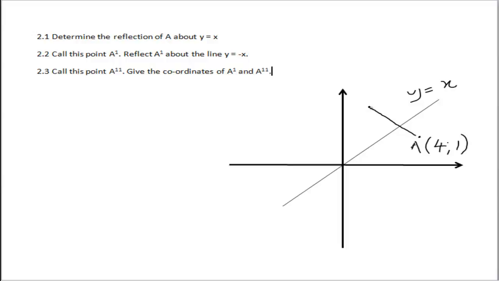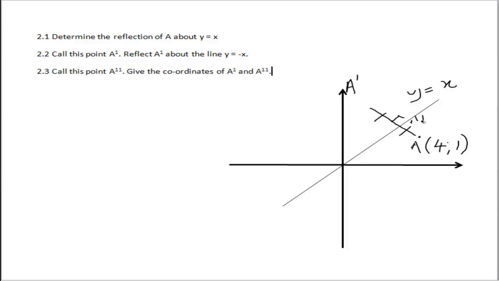We're looking at the mirror image, and this will become A prime. So the question is, what are the coordinates of it? They are equal there, and this is your perpendicular. From first principles, if I can find this point here, which we will call M as our midpoint, then I can find the coordinates of A prime.